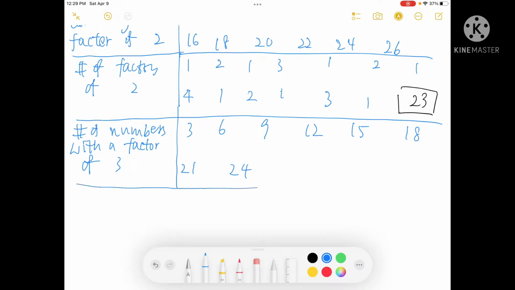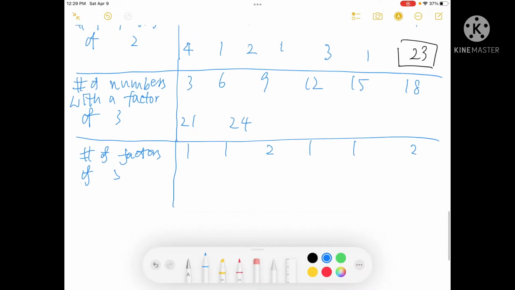Then let's find the number of factors of 3 in case we have duplicates. So 3 has 1, 6 has 1. 9 has 2 factors of 3, so we should be careful of that. 12 and 15 both have 1. 18 has 2. 21 has 1. And 24 also has 1. So we can add up the total number of factors of 3. So in 26 factorial, b is equal to 10.